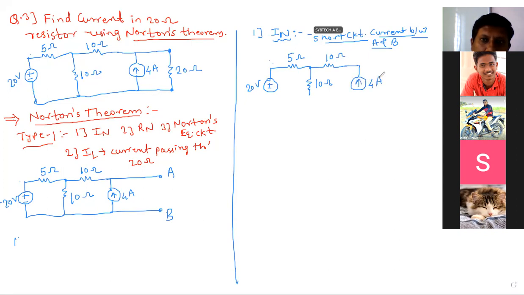This is 4 ampere. So A and B terminals I have shorted here. So if A and B shorted, whether we have to remove this 4 ampere or keep as it is. This current is IN.